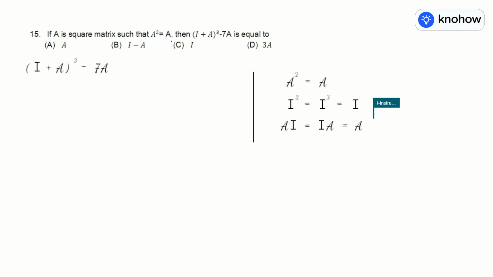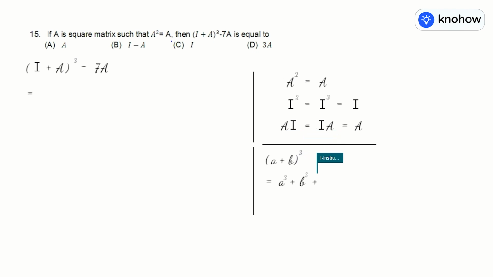Now (I plus A) whole cube, you apply the ordinary (a plus b) algebra formula. (a plus b) whole cube, you know, is what? a cube plus b cube plus 3a square b plus 3a b square. Apply that. So you get I cube plus 3 I square A plus 3 I A square plus A cube and minus 7A.